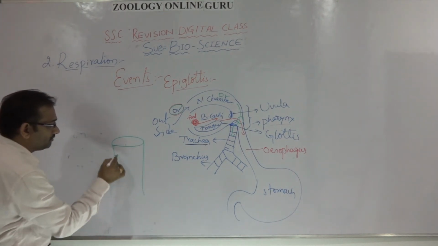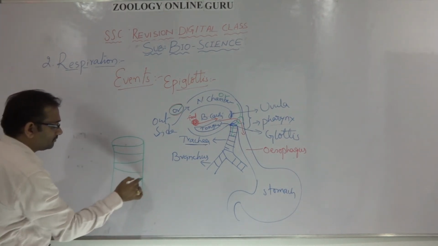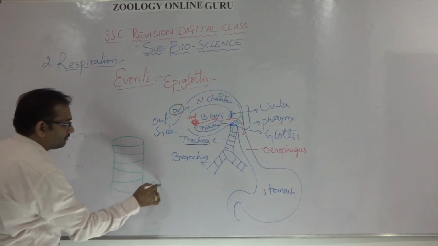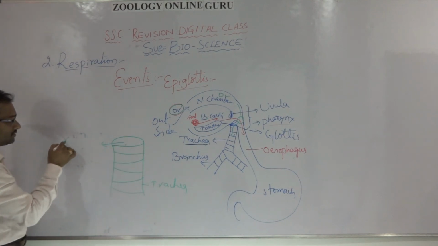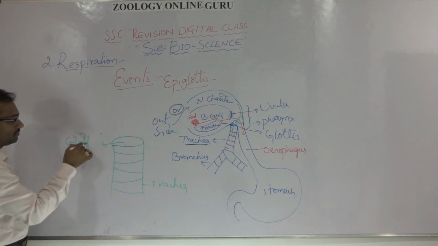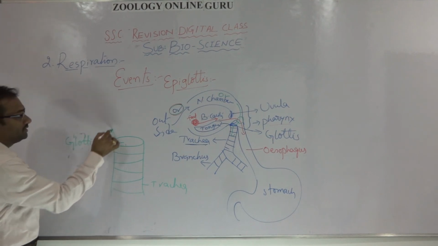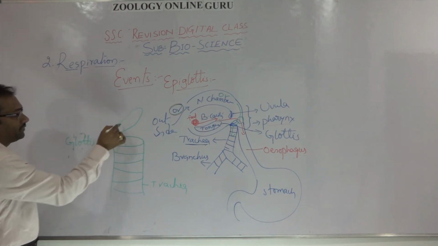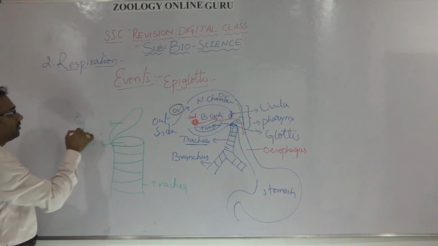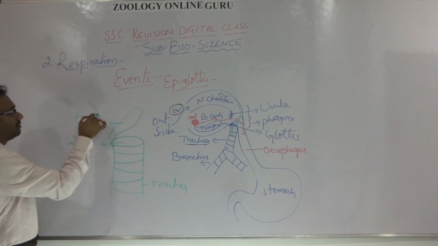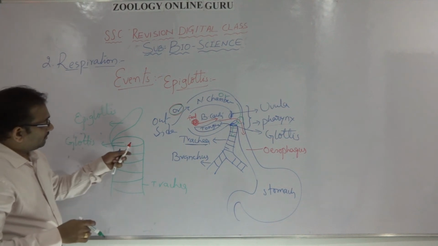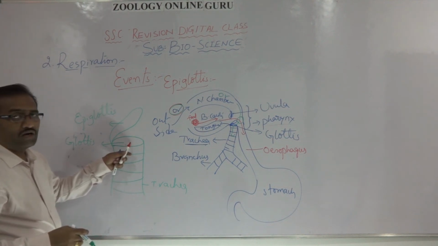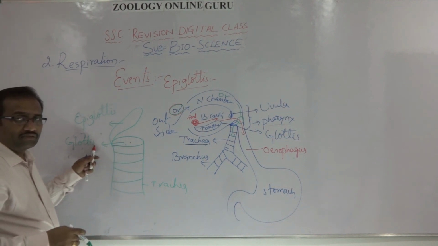this is the trachea, this is the glottis, there is a flap, it's called the epiglottis. So the opening of the trachea is called the glottis.